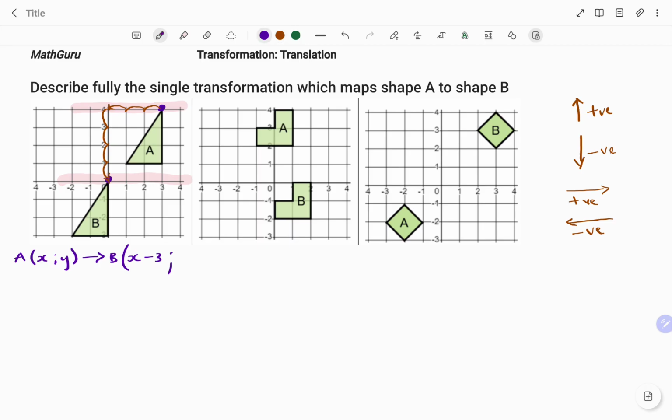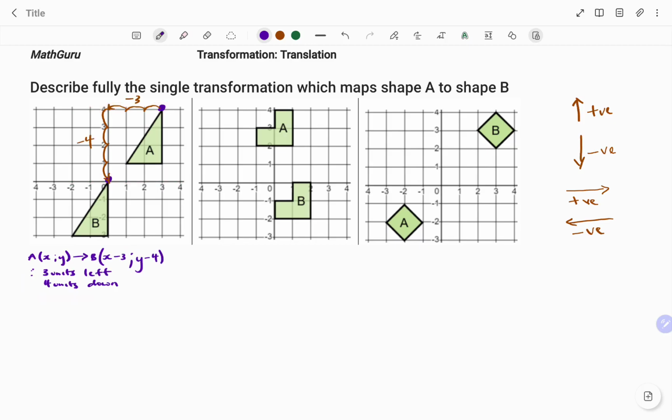So if I'm going to write that, it's going to be y, because I'm moving downwards, that's minus 4. Another way of writing it in words is to say, for the translation, that's the total movement of a shape from one point to the other, I've moved 3 units to the left and 4 units down.